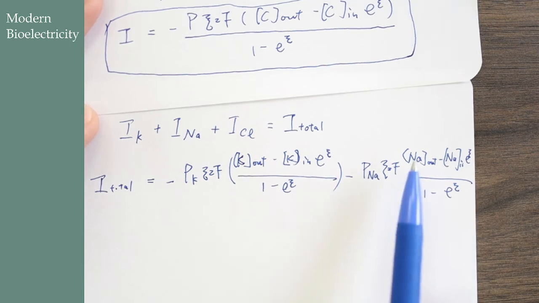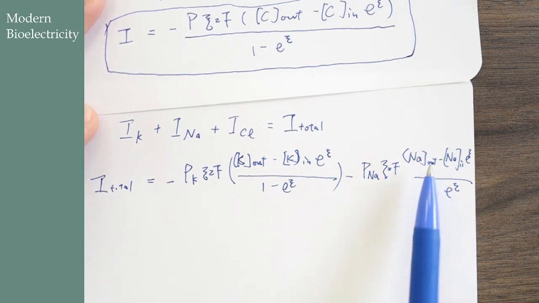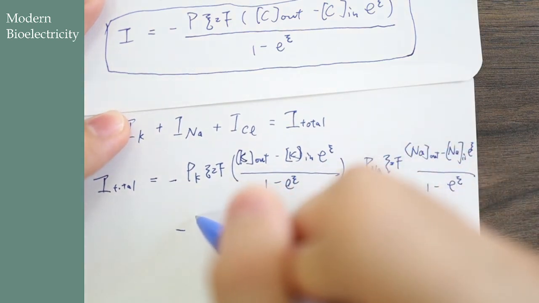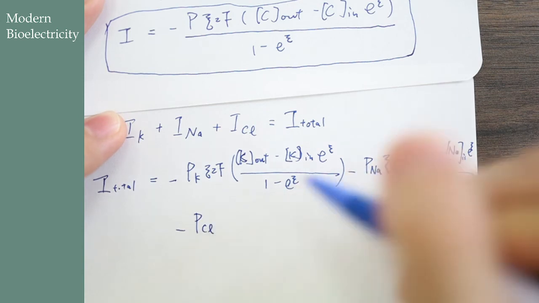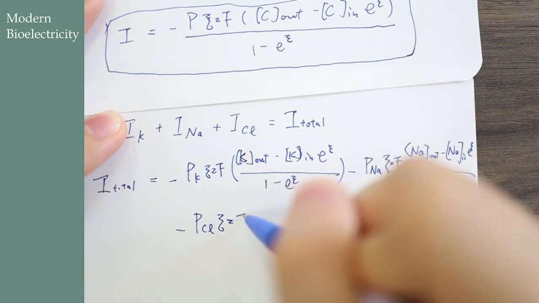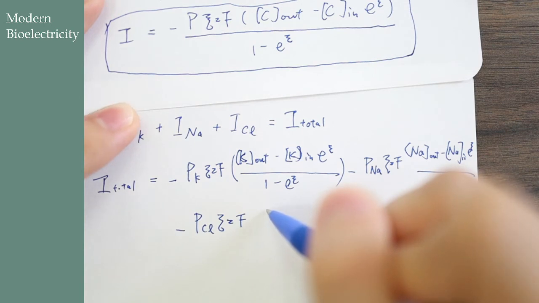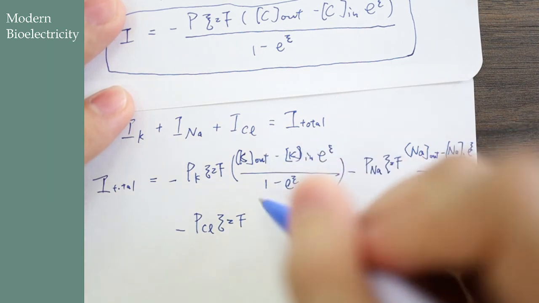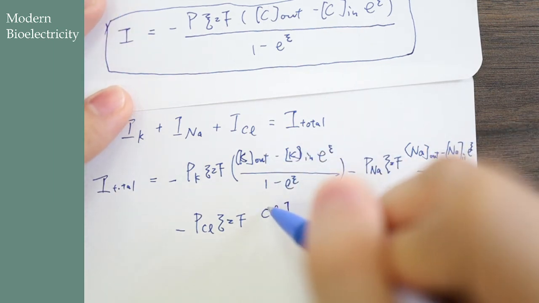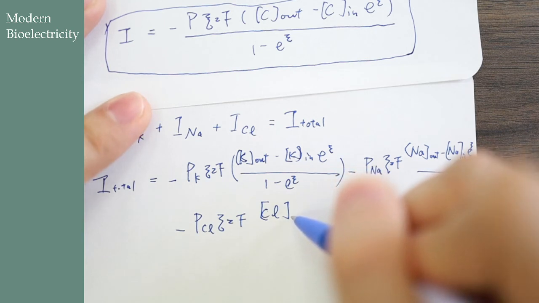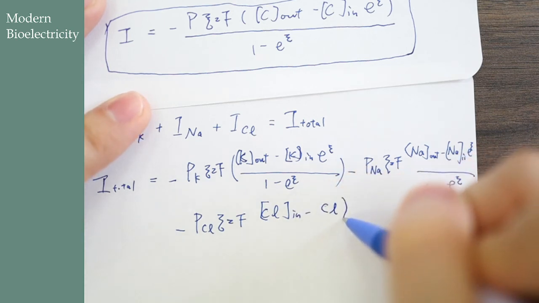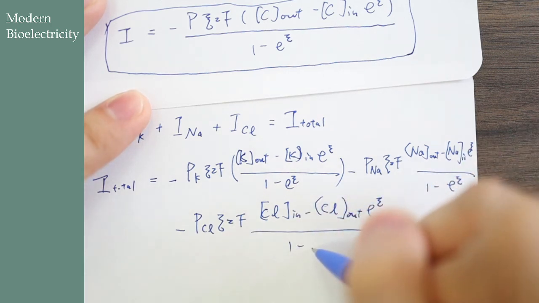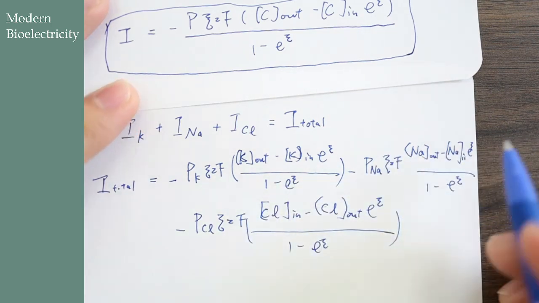If we also put chloride here, because the Z is the opposite for chloride, it is minus P chloride ZF of the chloride. So chloride is opposite: chloride in minus chloride out, EC by 1 minus EC. Okay, so this is I.